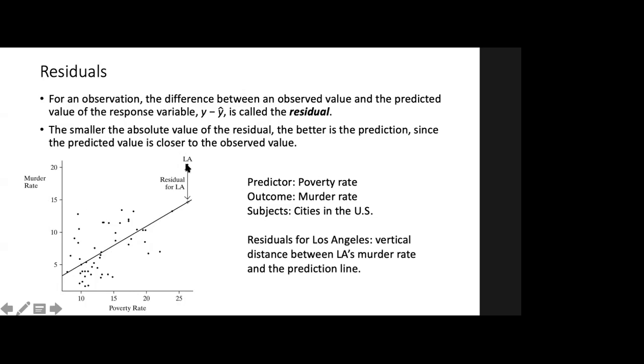If we go down for LA, we have a poverty rate of, let's say, 26, and our model would predict that the murder rate for such a poverty rate is just below 15, so it's 14, right? But actually the murder rate in LA is higher, so we are underestimating the murder rate. With this model, we focus only on poverty as a predictor. This difference here is a residual for Los Angeles.